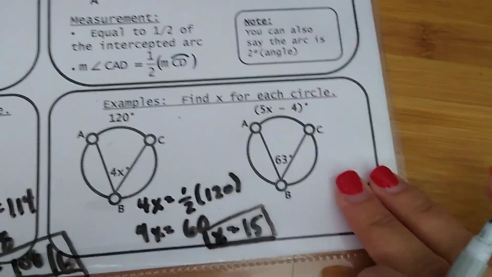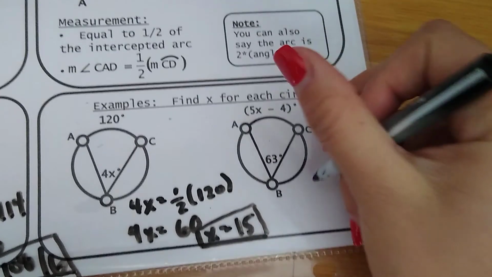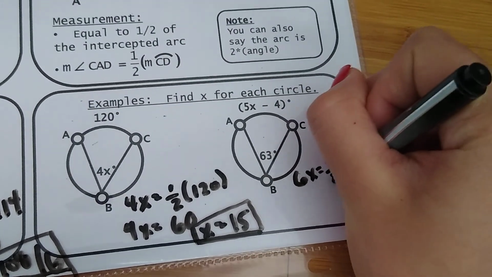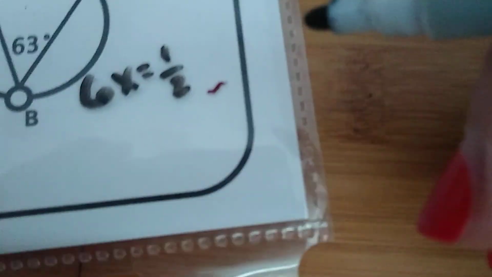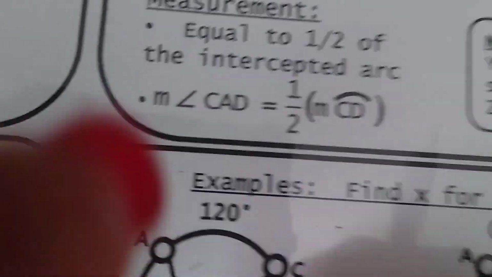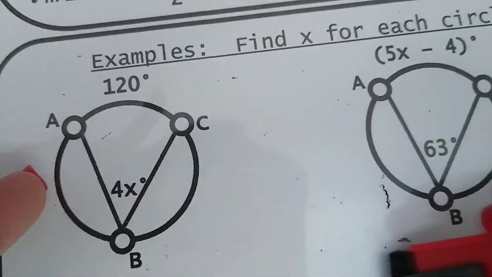In this case, we're going to do the same thing. So now it's 63 equals 1/2 of the arc. Let me erase this part just so I have more room.